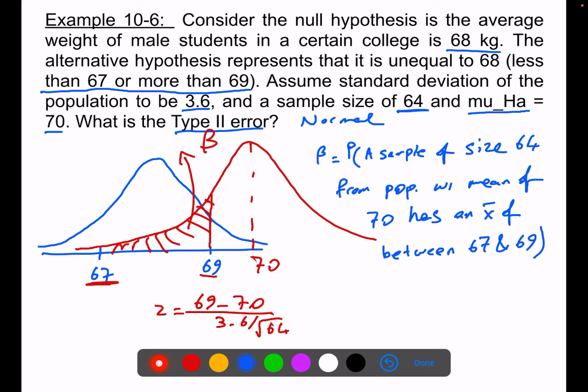Okay. So that's beta. That's the type 2 error, right? Type 2 error means that our alternative hypothesis is correct, so the mean is 70, but we think that our null hypothesis is correct. We think that the mean is 68. Any questions?